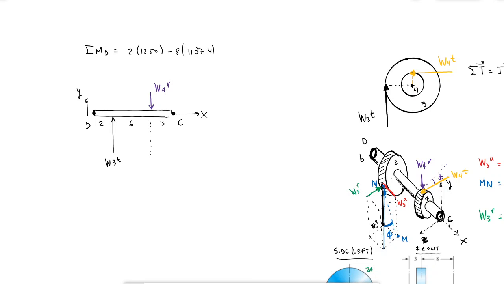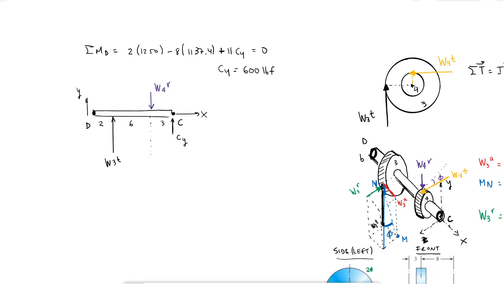I'm gonna assume that this is also going up, that my Cy is going up. So at a distance of 11, I'm going to have Cy, and that has to be equal to 0 because this whole shaft is not rotating about D. Okay, so from this, Cy is going to be almost exactly 600 pounds force.